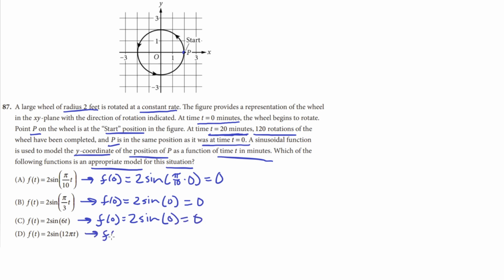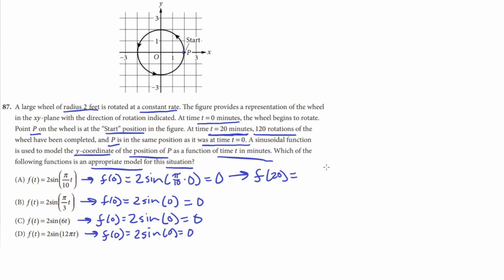And similarly for the last one, if we plug in 0 for t, we get 2 times the sine of 0, which is 0. Okay, so they all give us the correct y-coordinate for P at time t equals 0, but now we have to check at time t equals 20. When t equals 20, we should get 0 again.